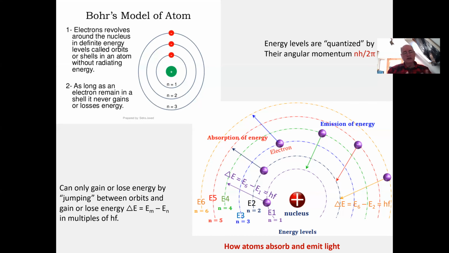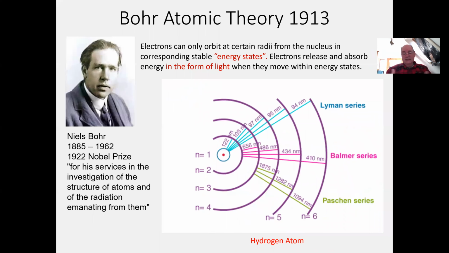Bohr says no, as long as they're in these quantized proper orbits, proper distances away from the nucleus, they won't. Why? I don't know, they just don't. This is a premise. This is an assumption. And so with that, he is able to back into all the various spectra of hydrogen.